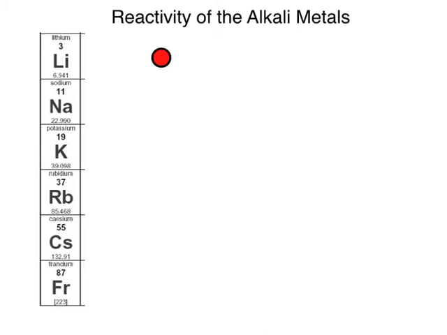Now we'll take lithium at the bottom. Okay, they're the least reactive. Now lithium has two shells because it's in period 2, and in that outer shell it has one electron.